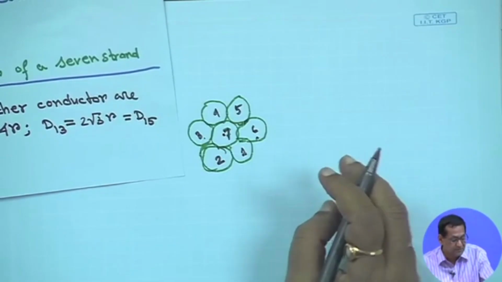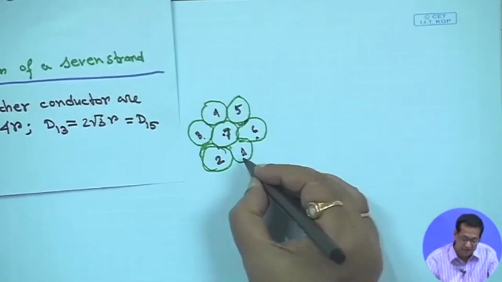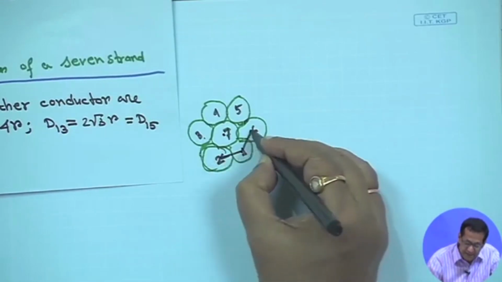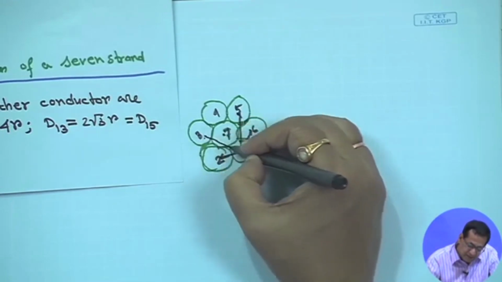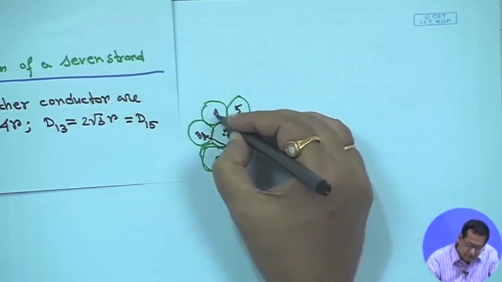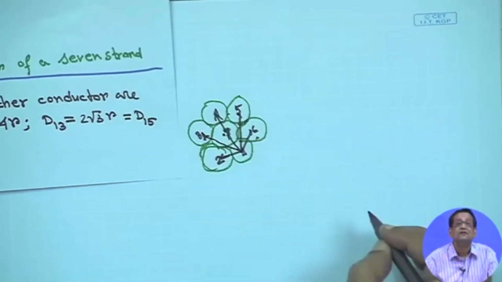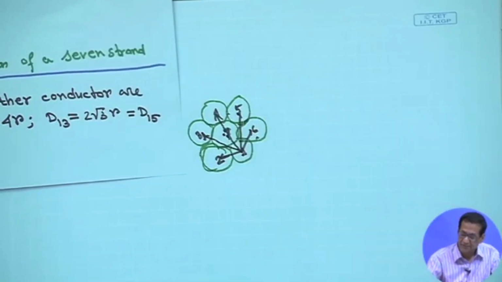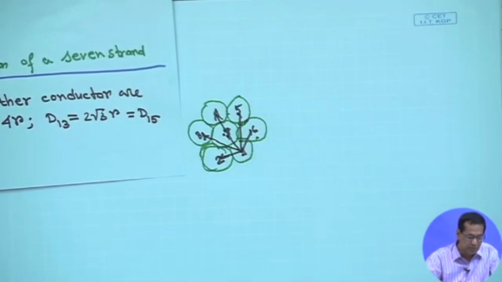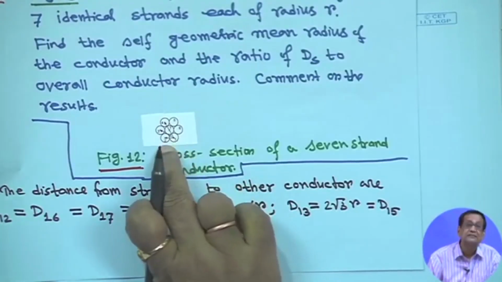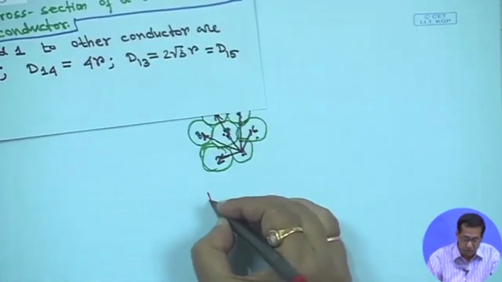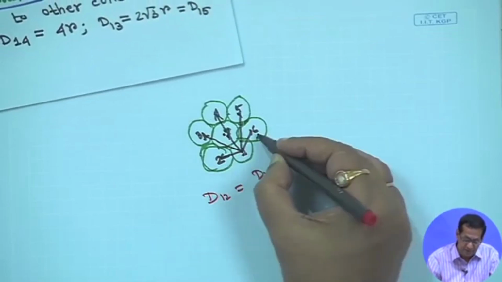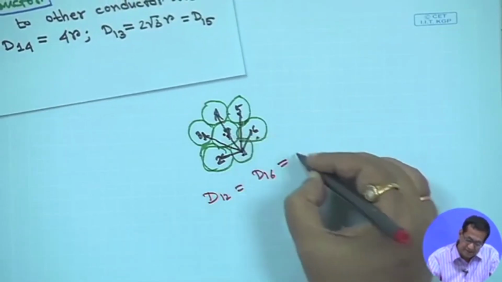So first you have to see the distances from strand 1, center to center. First, 1 to 2: D12 is equal to D16 is equal to D17.